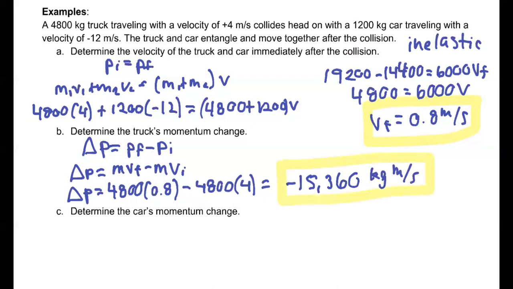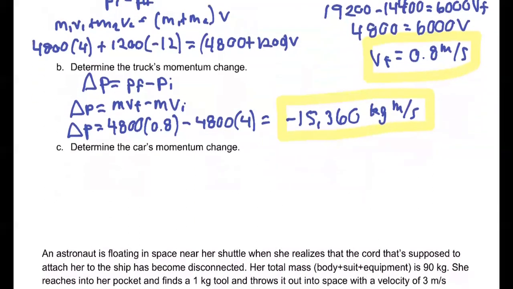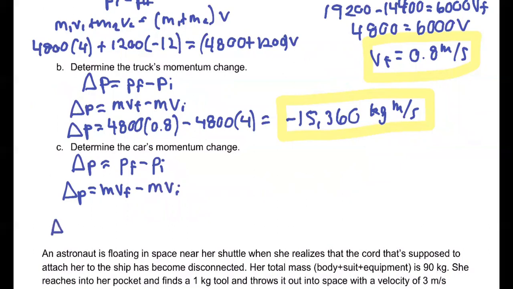Now let's look at the car's change in momentum. Again, change in momentum equals momentum final minus momentum initial, which gives me mass times velocity final minus mass times velocity initial. So 1,200 times 0.8 minus 1,200 times negative 12, because our car was moving in the negative direction to begin with.